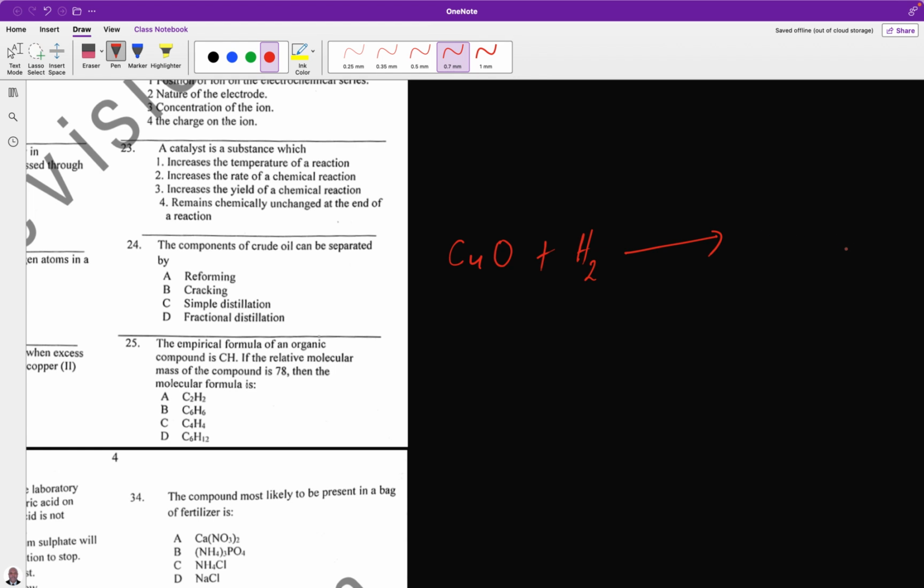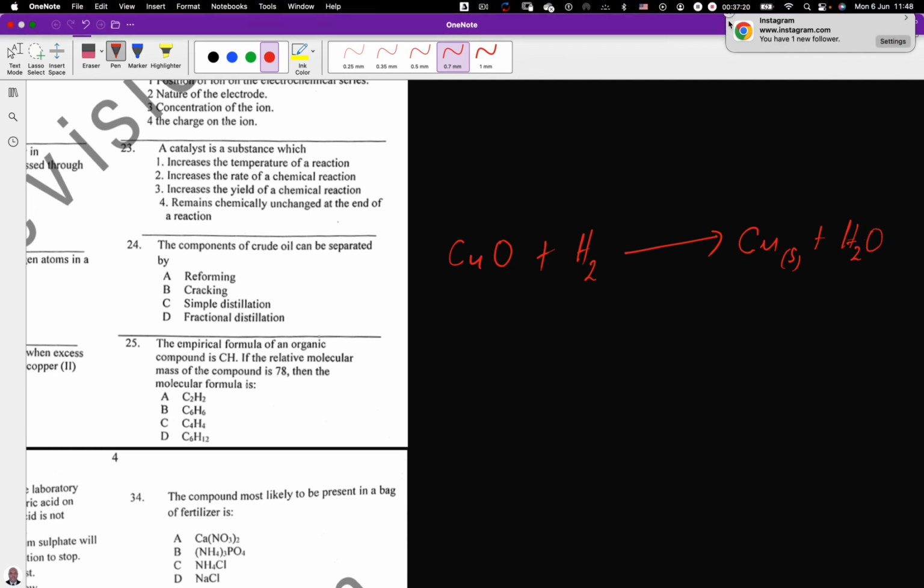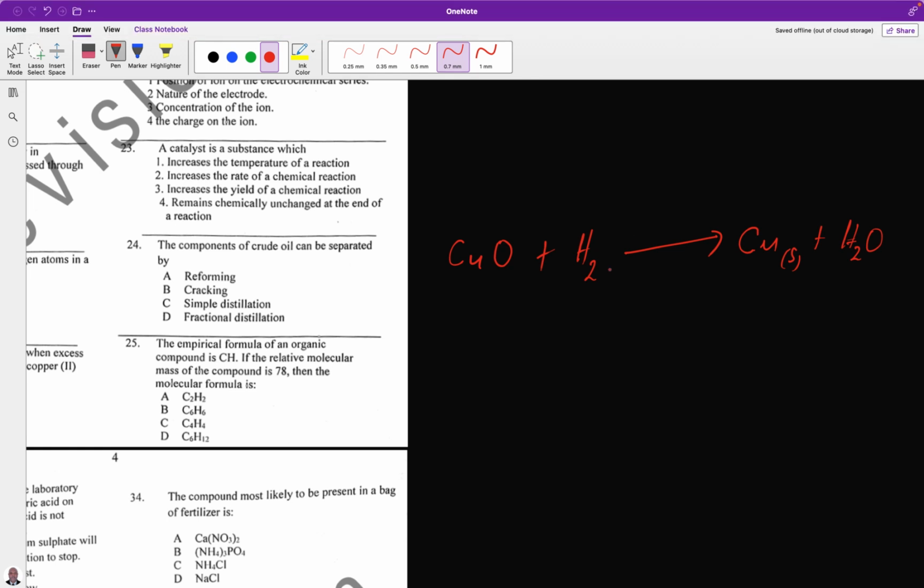It is copper. Copper 2 oxide plus hydrogen, we will have copper, and that will be solid, plus water.